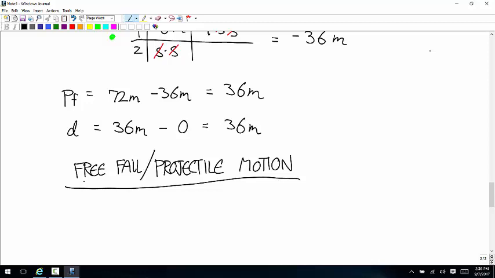Free fall is just falling straight down, and projectile motion is if something's launched. But to us, this is interchangeable. They both mean the same thing, and what they mean is the only force acting on the object is gravity.